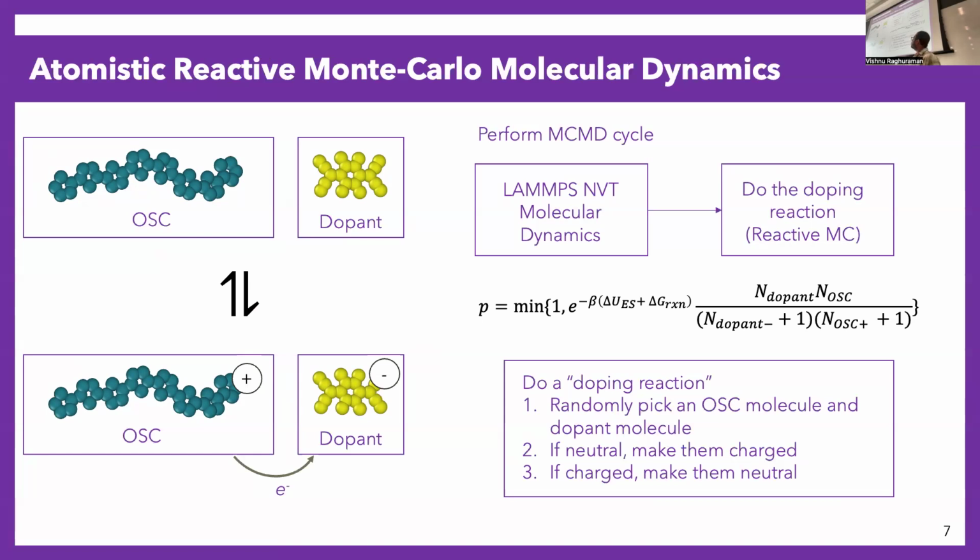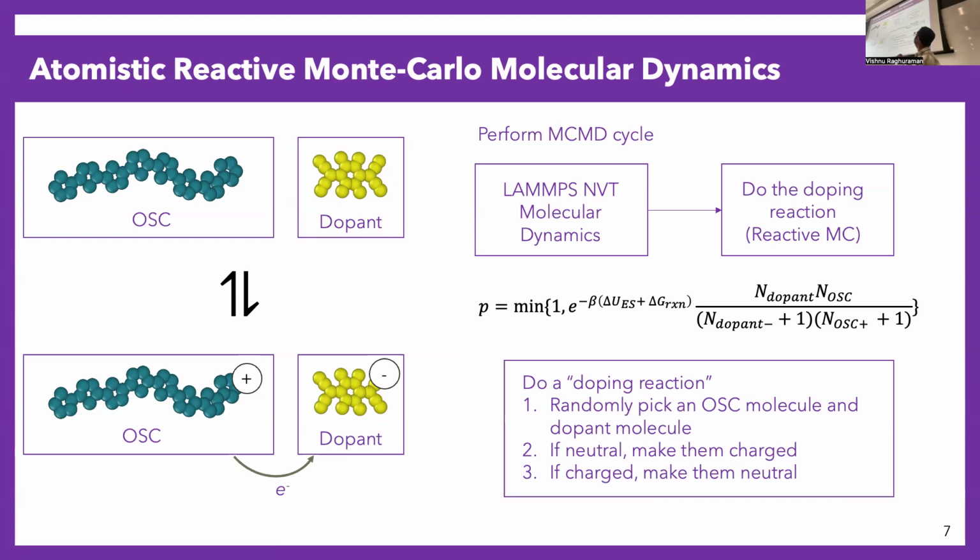So here we have a method that tries to combine both of those things, where it uses MD to look at the morphology, but we use a reactive Monte Carlo move to model the doping. So it's fairly straightforward. You randomly take an OSC molecule and a dopant molecule, and you switch them out for a charged OSC molecule and a charged dopant molecule, where the atomic charges for each of the neutral and charged states are obtained from DFT calculations.